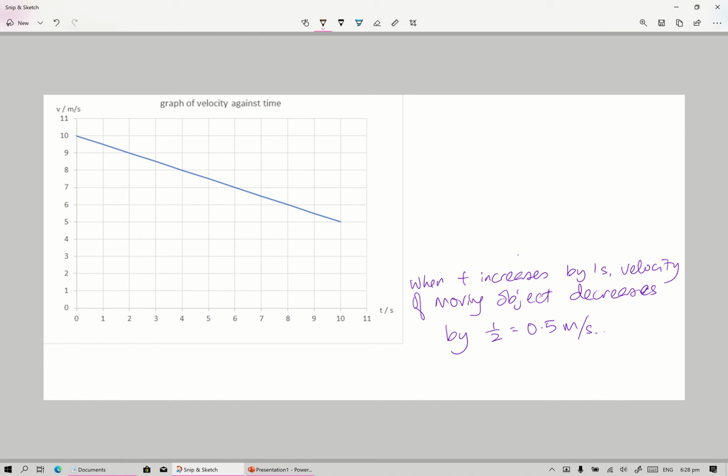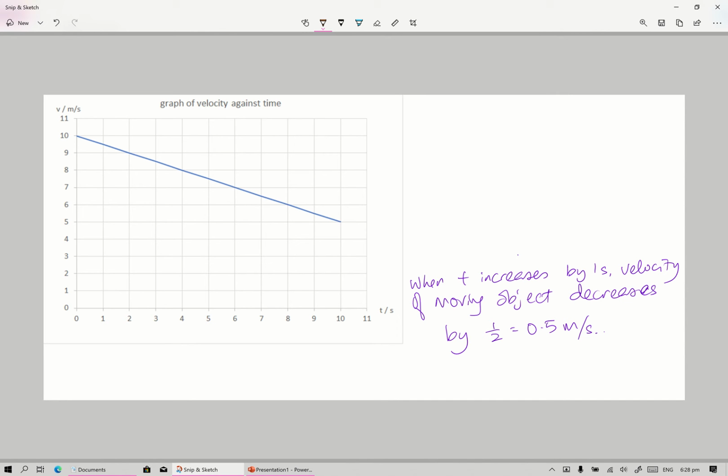Now, how do you find the acceleration using the gradient of the velocity time graph? You look at the shape of this graph, it looks very different from the first two videos which I've done.